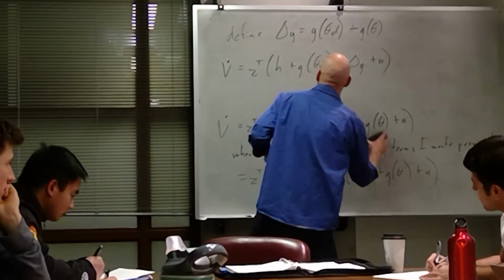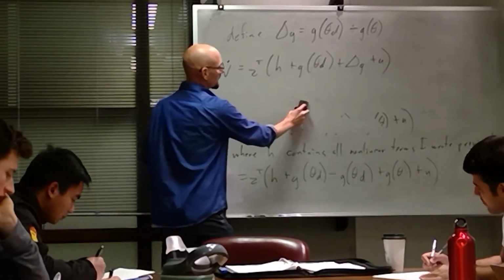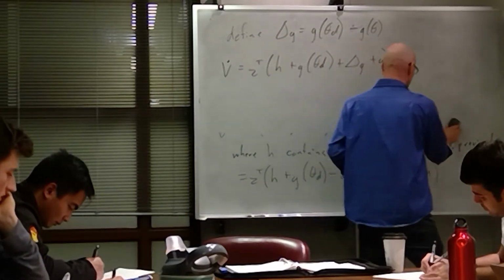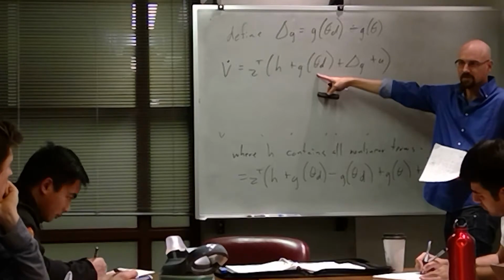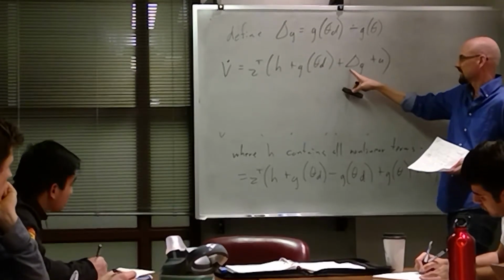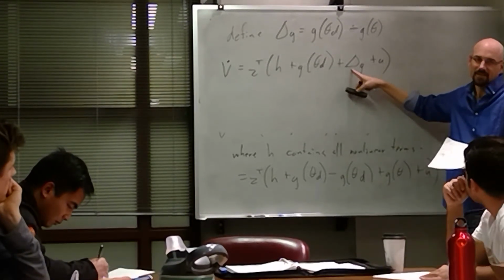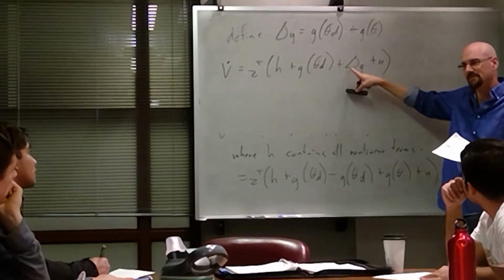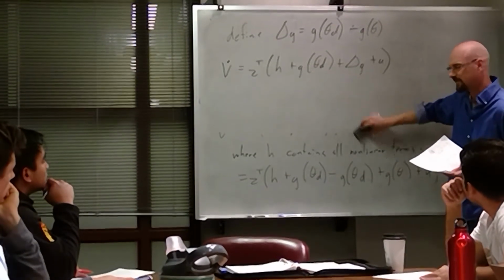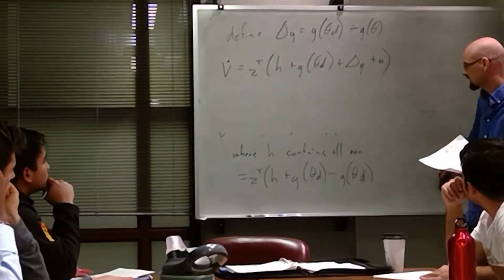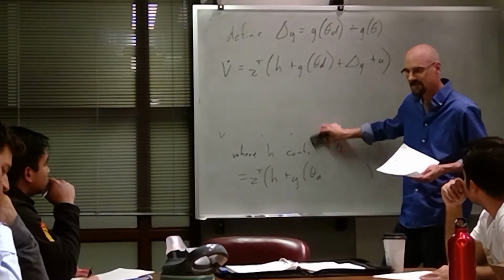My feed-forward term G of theta D I do want to keep, so that's in there. But this delta G, this is something I might or might not want to cancel out. If it's helping me, then I'll just leave it because it's bringing me towards my better position without me having to expend any energy to get there.